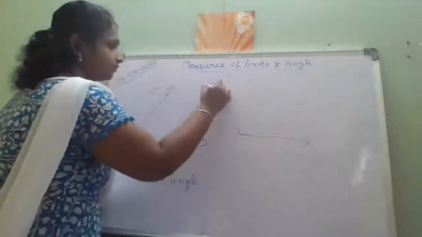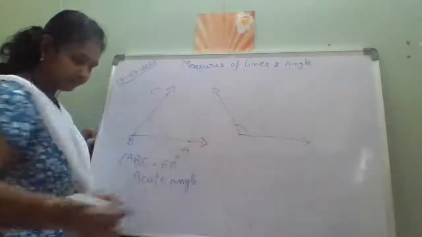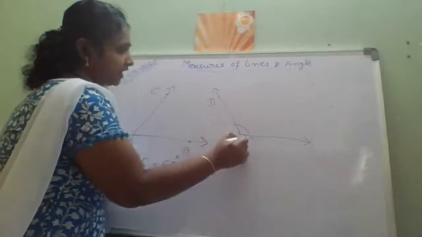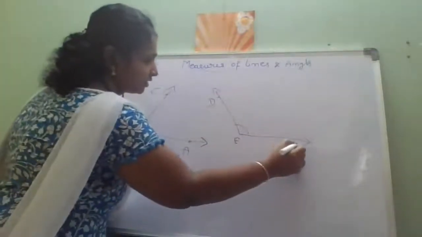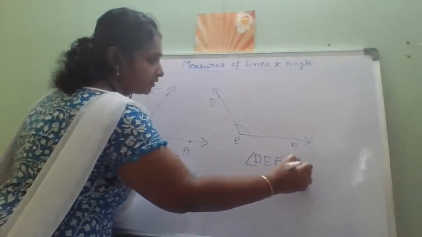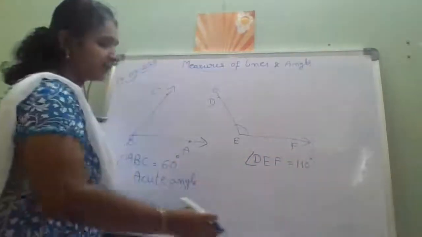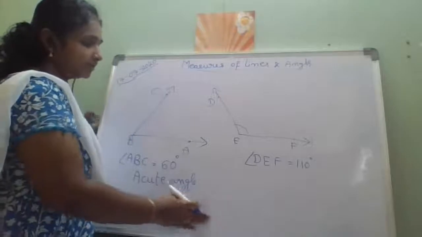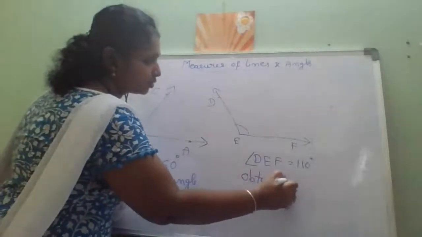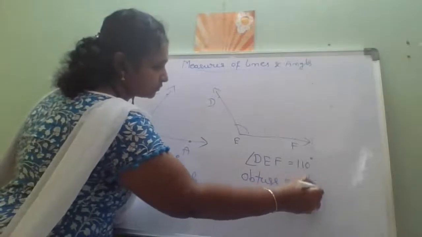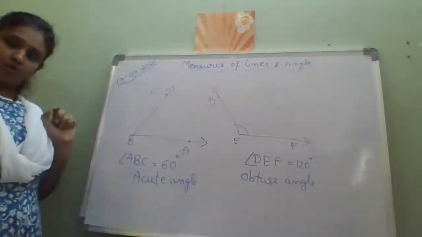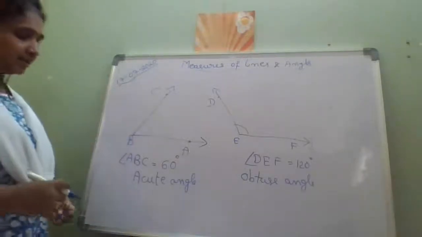This one, that is 120, I think. Okay, DEF. So the angle is 110 degrees. The type of the angle is obtuse. Up to 120 degrees. Okay, next one.